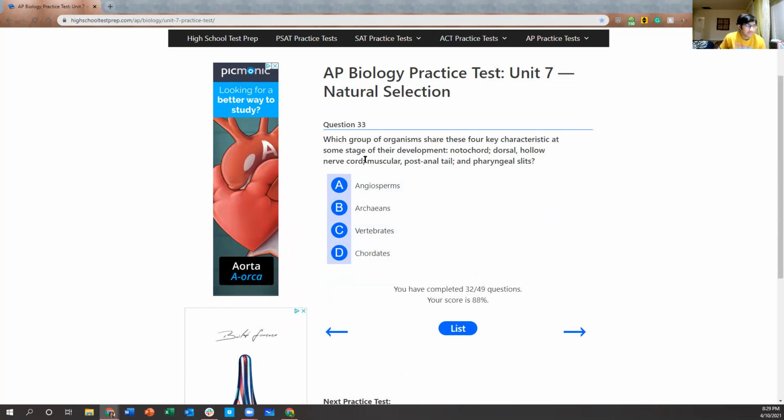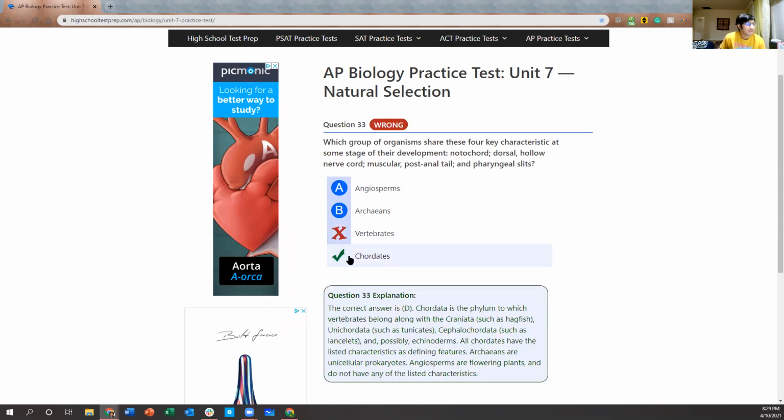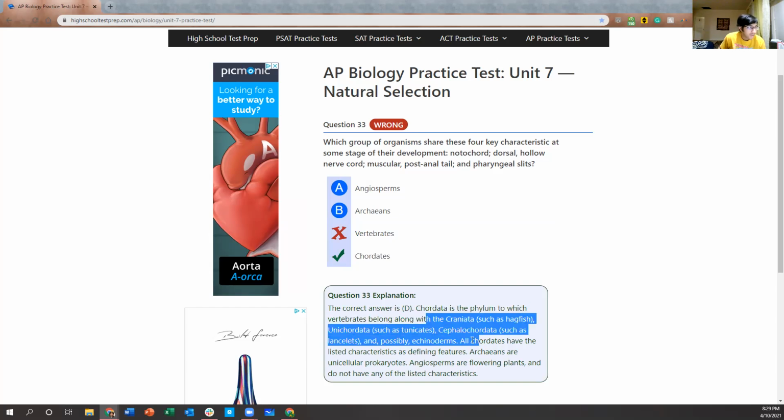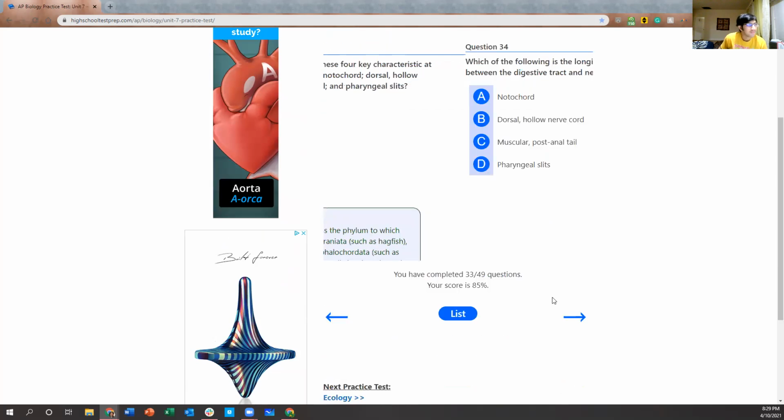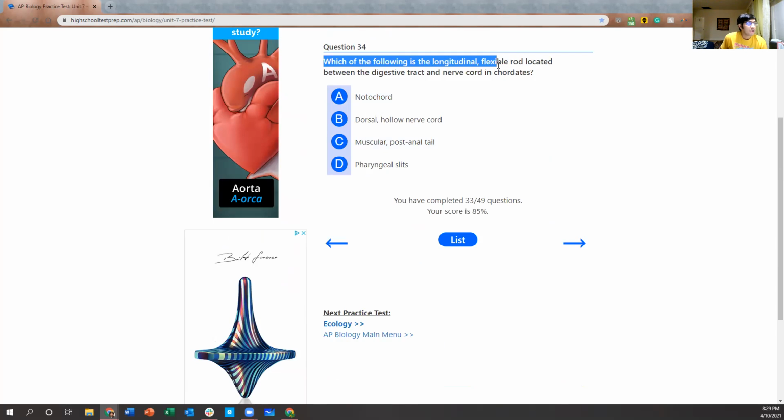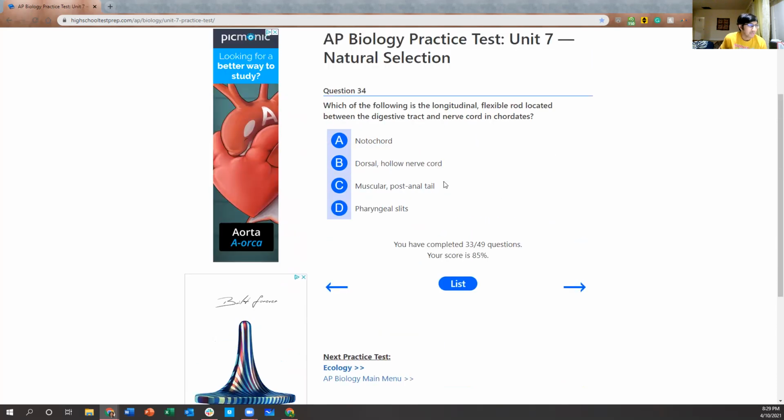Okay, if there's a nerve cord, that's probably vertebrates. Never mind. Chordates. Chordates is the phylum to which vertebrates belong. Okay. We probably don't need to know this in as much detail, because I don't think we need to memorize every single phylum. Which of the following is a longitudinal flexible rod located between the digestive tract and the nerve cord? Once again, I don't know.